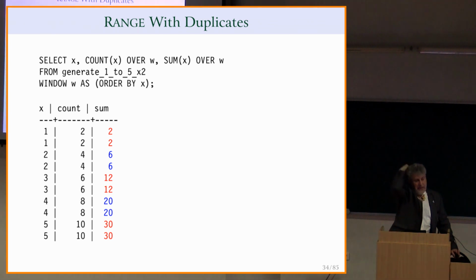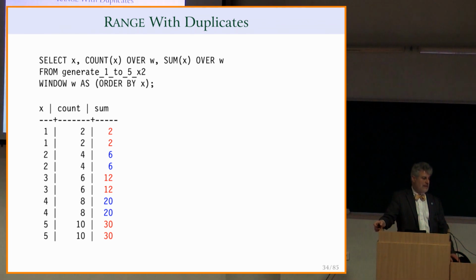Remember, if you don't supply a frame clause, it's unbounded preceding to current row, and because we have an order by clause here, current row means all rows that have the same order by value, all of the peers. And that's why you see the same number repeated twice. Because this first row can see itself and the next row.